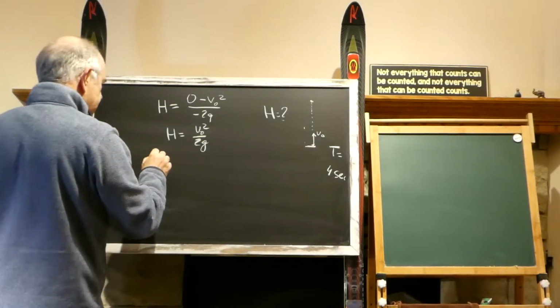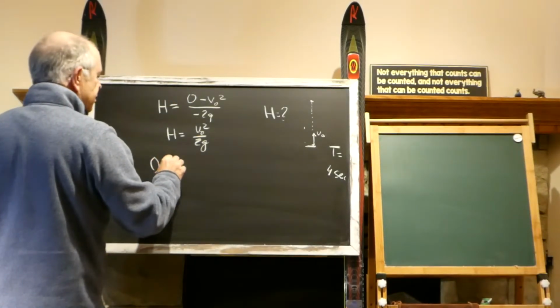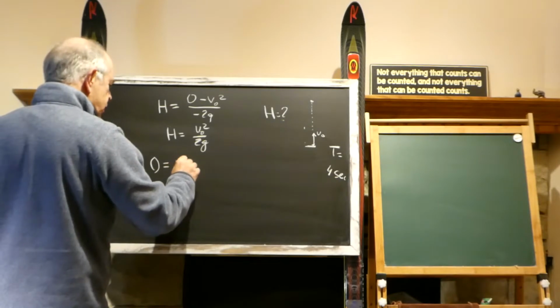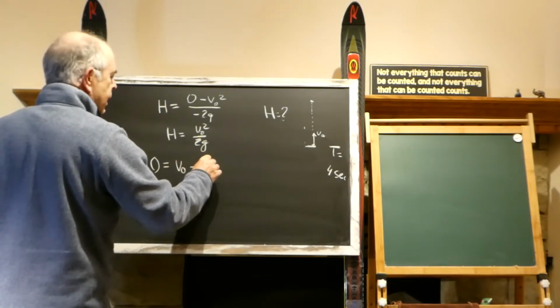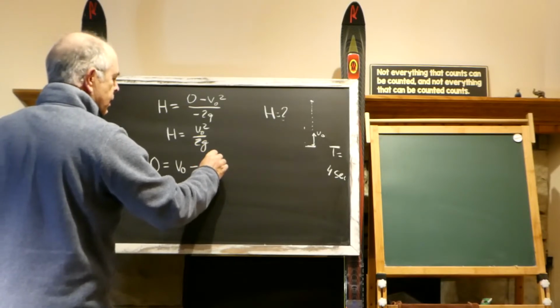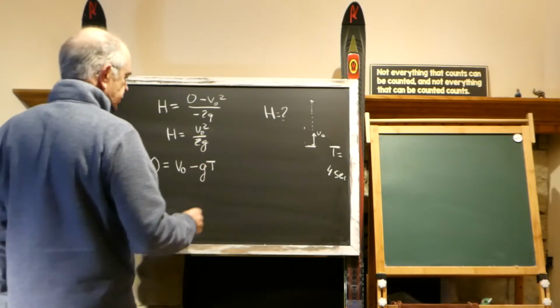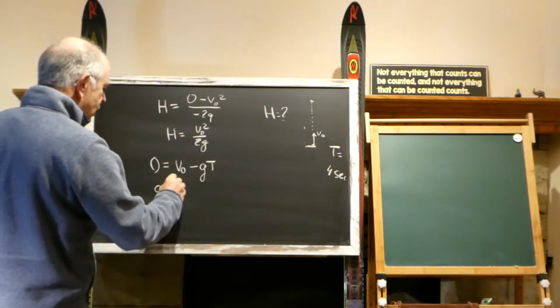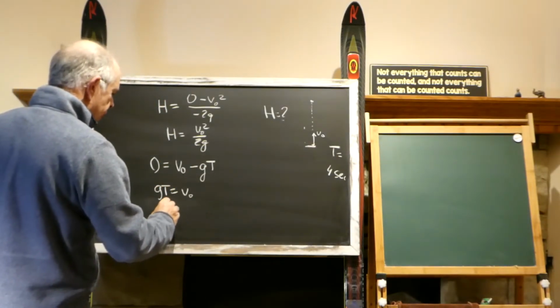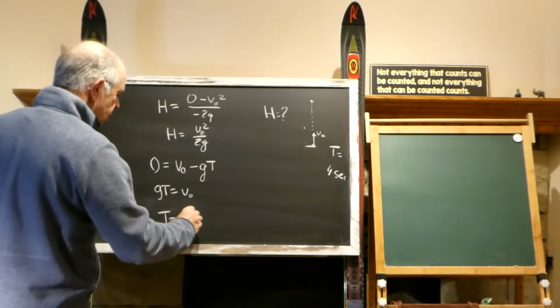The speed at that point is 0, and it equals initial speed plus at. But there is no plus, there is minus, and this g is given, and this is time. So from here we immediately see that gt equals v0 and time equals v0 over g.